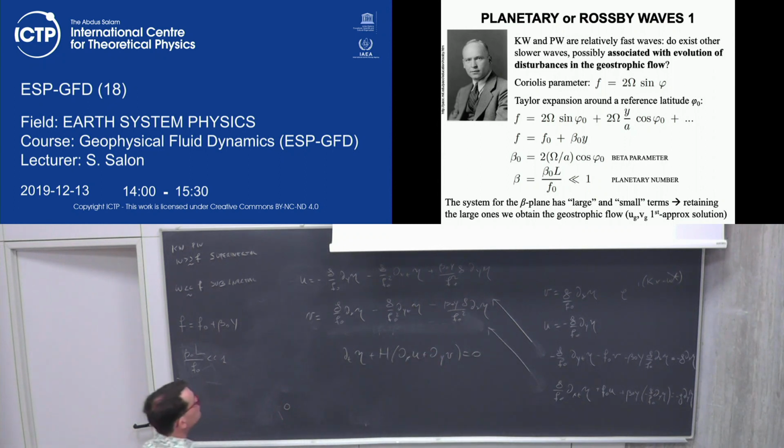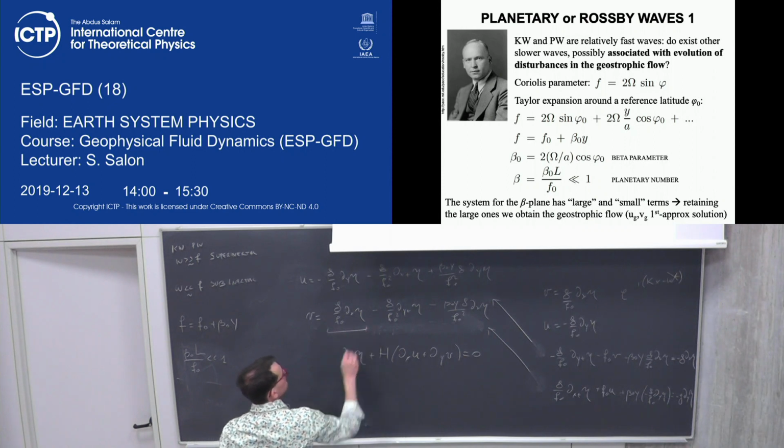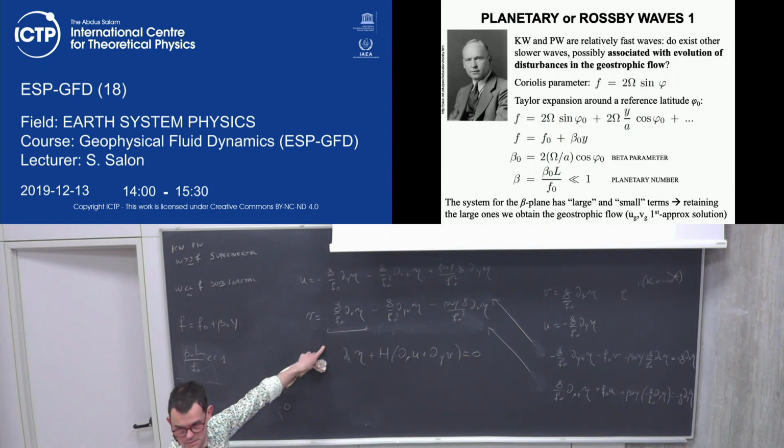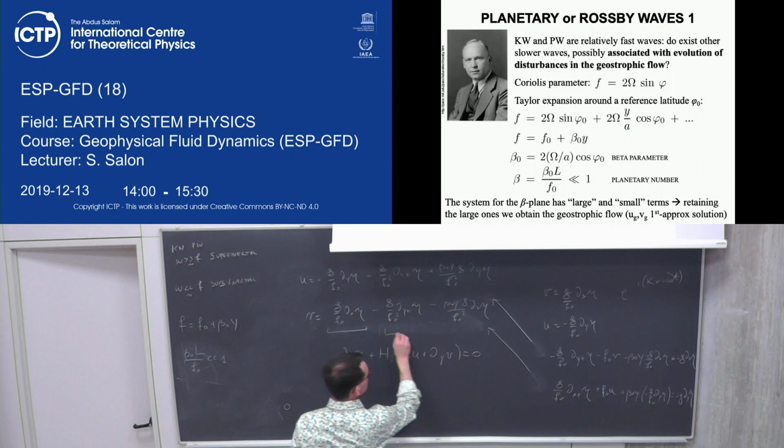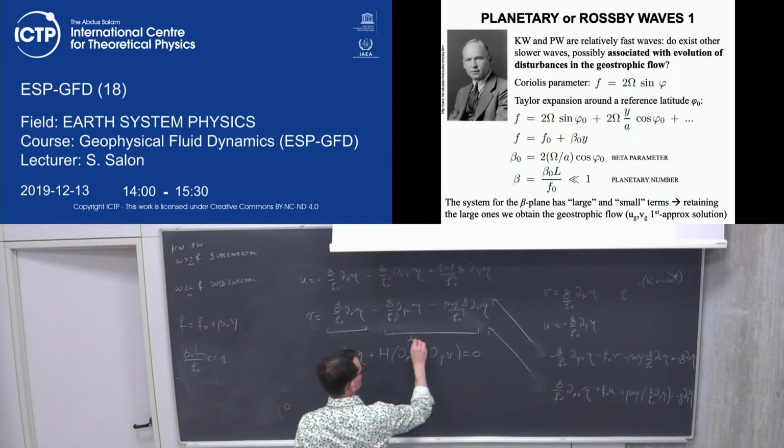So the solutions of u and v for this case still have a part which is geostrophic and another part which we call ageostrophic.